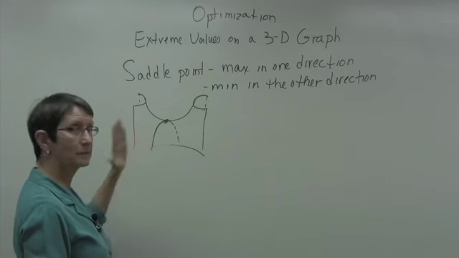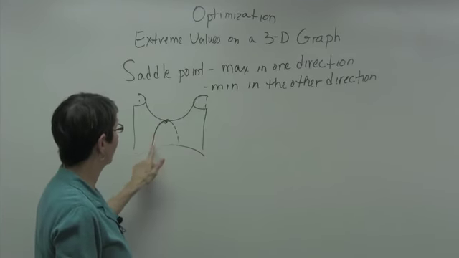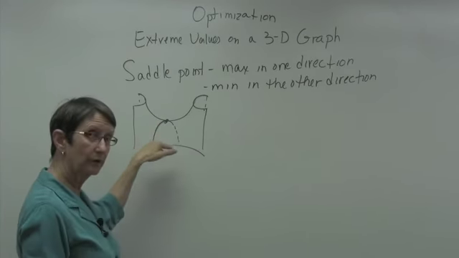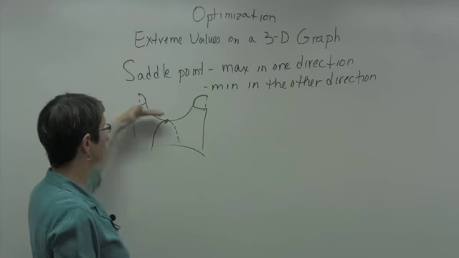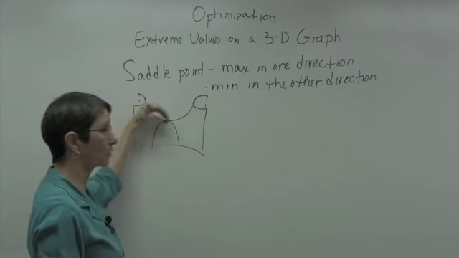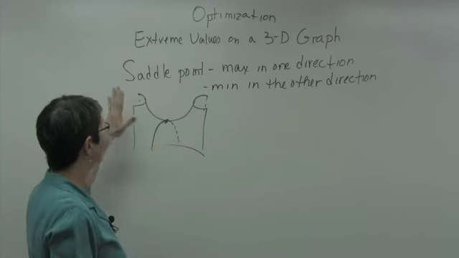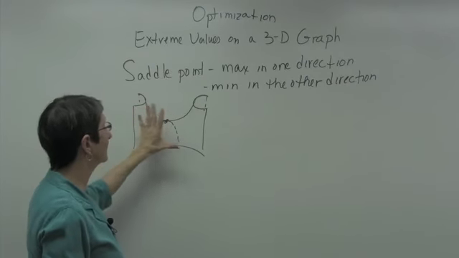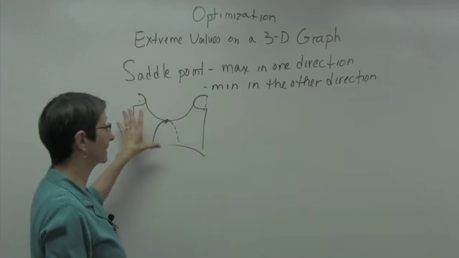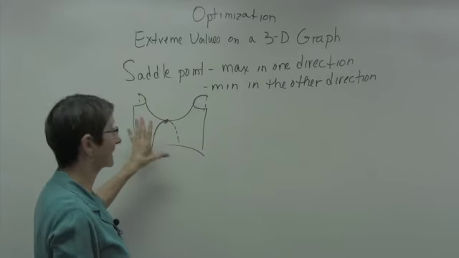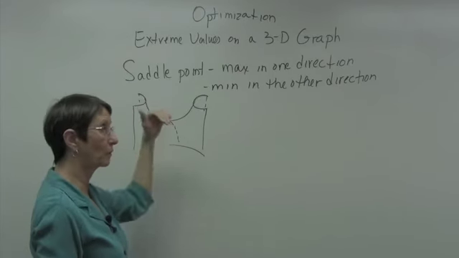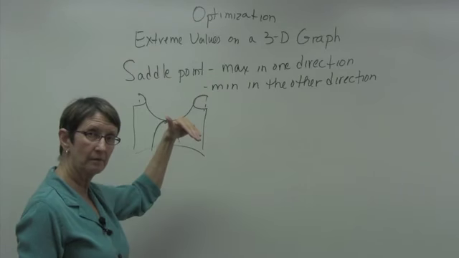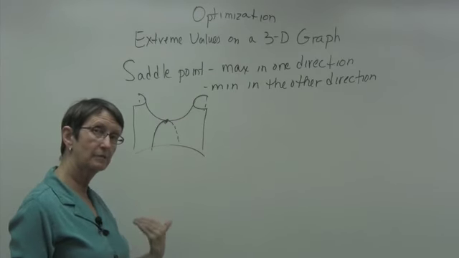If you look at it front to back, the way I've got this, we have a parabola that opens down. If you look at it from side to side, here I have a parabola that opens up. I call this one my western saddle. Another one that gives you maybe a better idea of the shape of it is in the text, and it's like a Pringle potato chip, where if you look at it in one direction, you have a minimum, and in the other direction, you have a maximum.